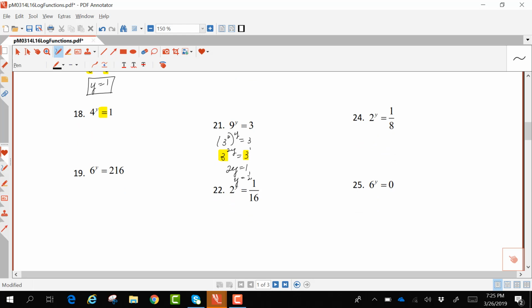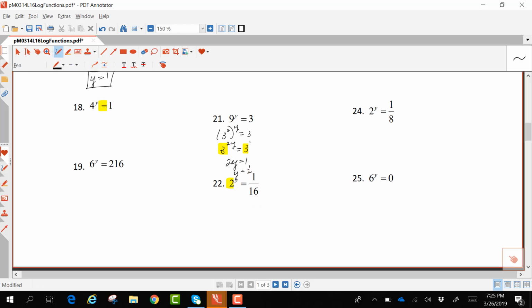Looking at a similar example, number 22, I see a base of 2 and the number 16. I need to convert 16 to be written as 2 to an exponent. So the left side is 2 to the power of y, and the right side is 1 over 2 to the power of 4. So now I have a base of 2.